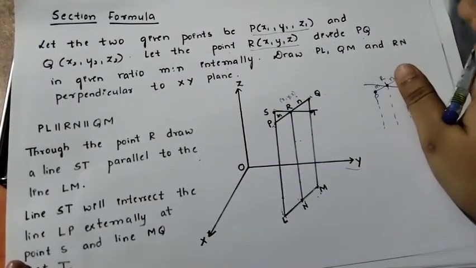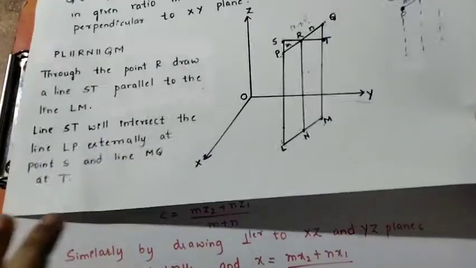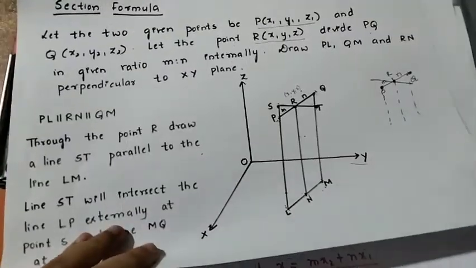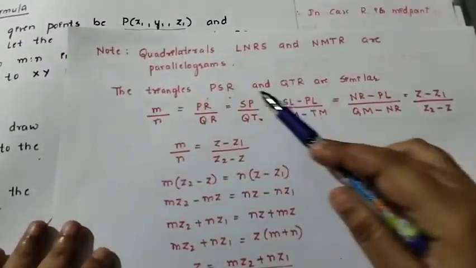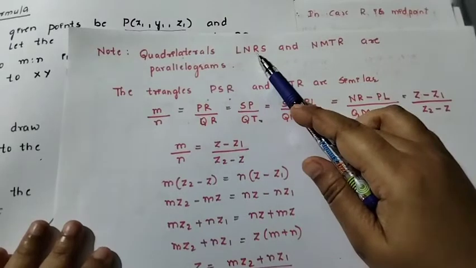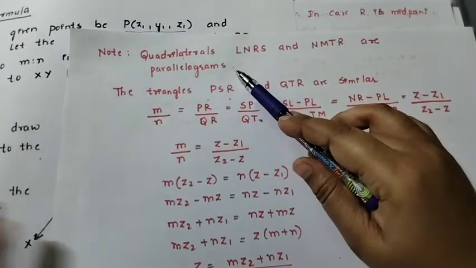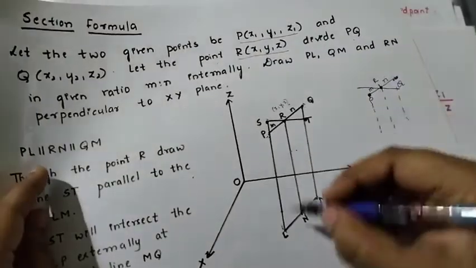Okay, so next what you have to do? You have to do the derivation by considering the points. First thing, I have taken a note: quadrilaterals LNRS and NMTR are parallelograms. Let me describe it in the diagram.